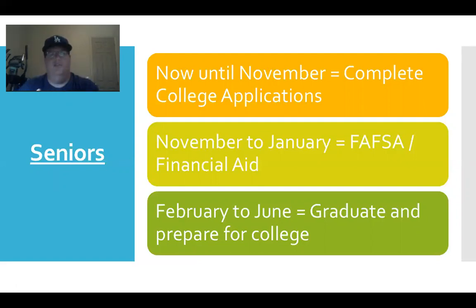From now until November, it's all about what colleges you're applying to, what are the things you need to get done, what are the application fees and waivers and personal statements and transcripts and all the stuff that they have to do for college. Let's get it done because applications are due usually in October, maybe in November, depending on the school. So that is our focus right now as the seniors.